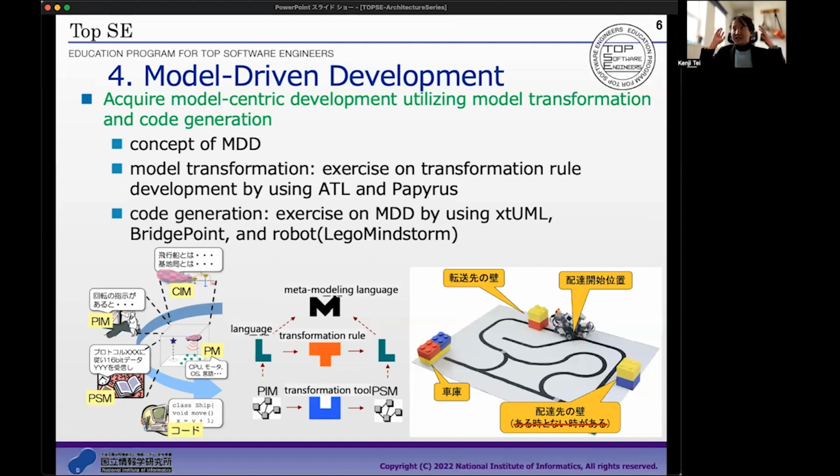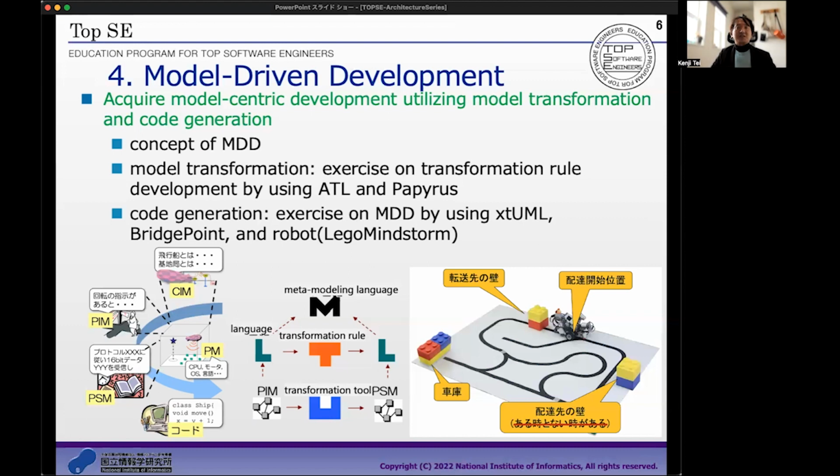So engineers can focus on how to solve the problem rather than how to implement it using the programming language. So the separation of concerns will make the software development efficient and improve output quality.